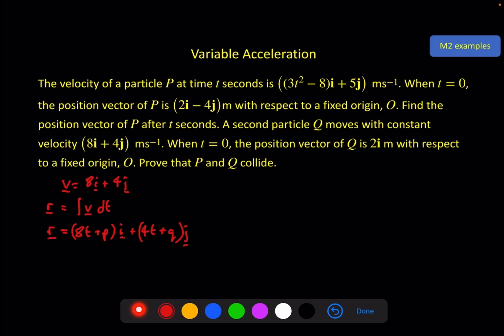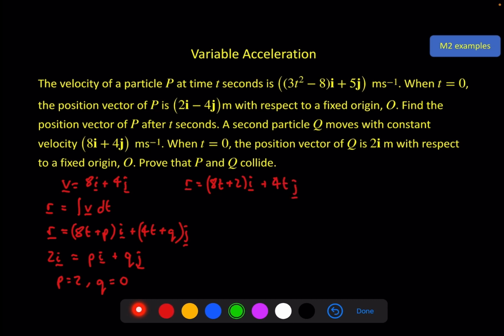And our boundary condition, when t is equal to 0, the position vector of q is 2i. So we've got 2i when t is 0, so p is equal to 2 and q is equal to 0, which gives r as (8t plus 2)i plus 4tj.